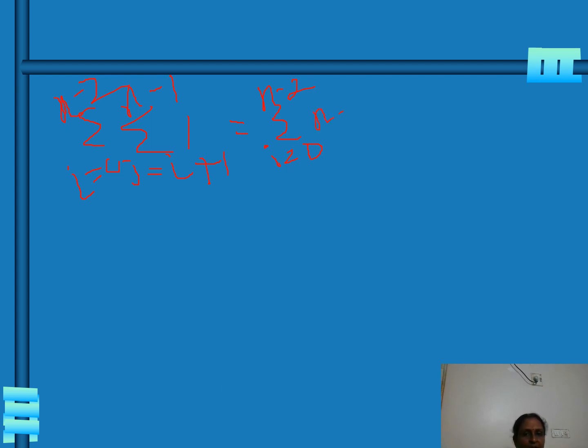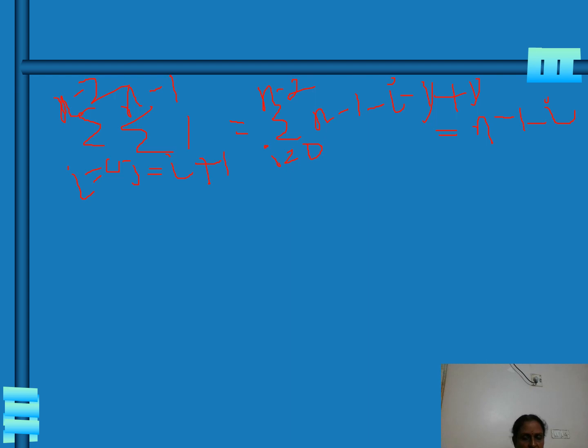So n minus 1 minus i minus 1 plus 1. These two will get cancelled, so you will get n minus 1 minus i. The summation variable will also range over i.